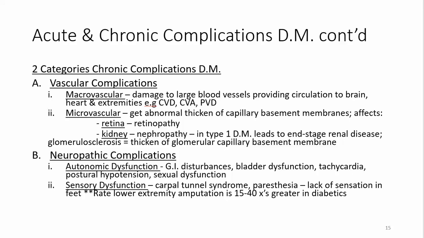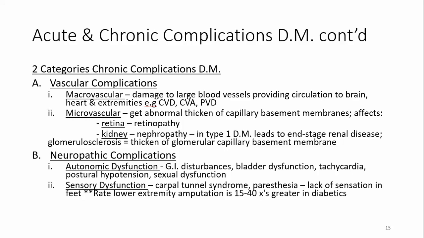Microvascular is the basement membranes of the capillaries getting thick and less exchange happening across them. And then this has profound effects on the internal respiration and the ability for the capillaries to feed tissues. It has problems with perfusion and therefore oxygen and nutrient delivery.